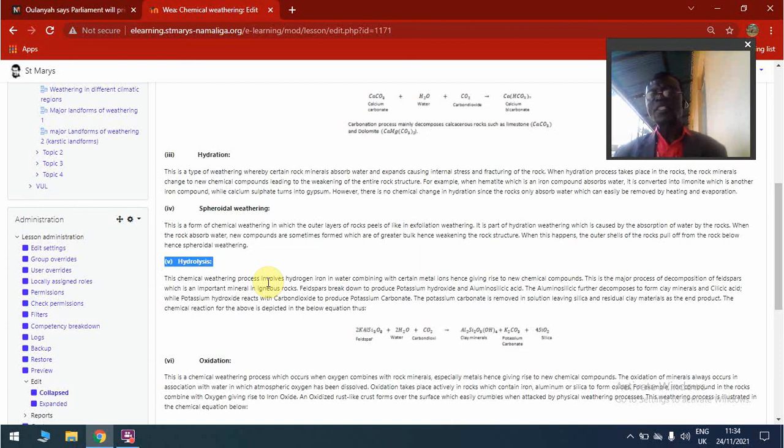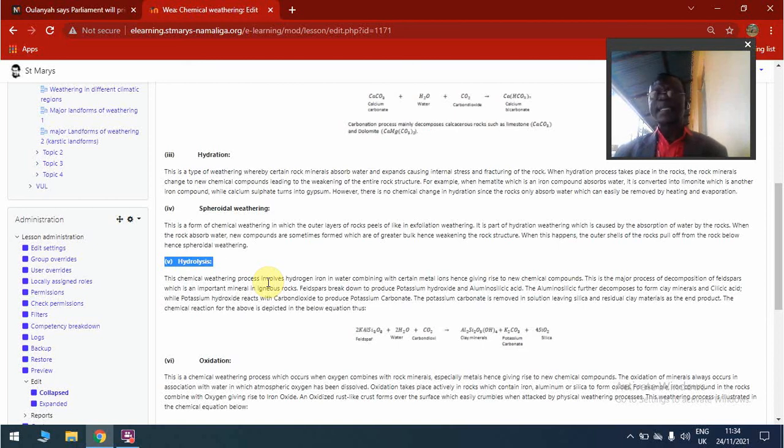So such rocks have been weakened and they can easily crumble through other forms of weathering processes, even physical weathering processes.